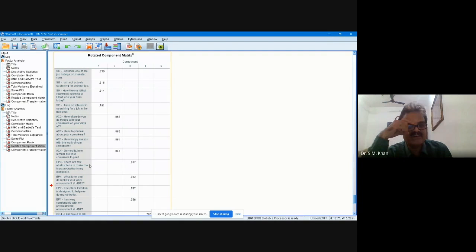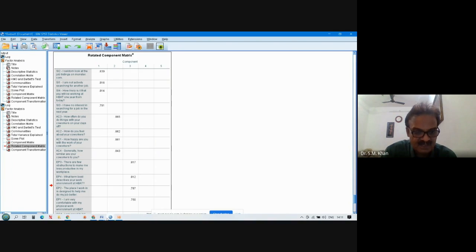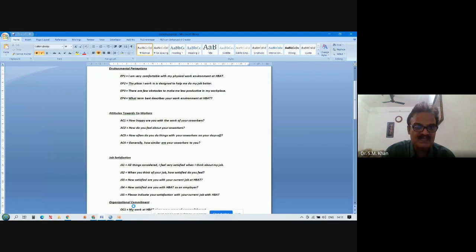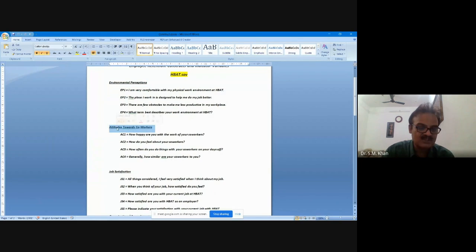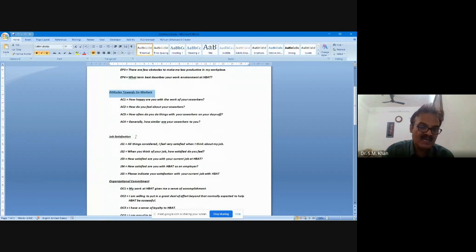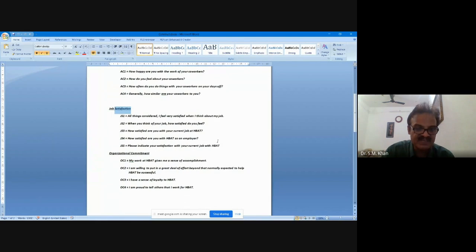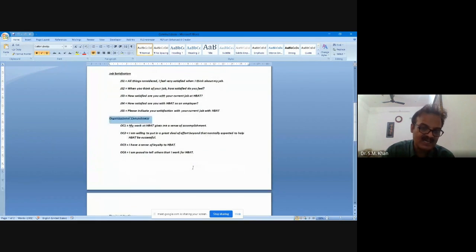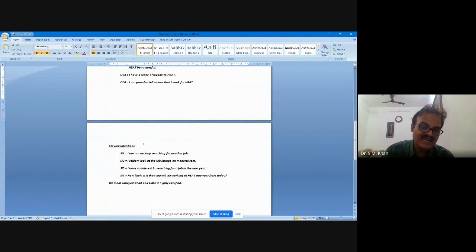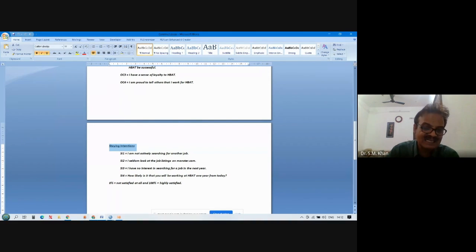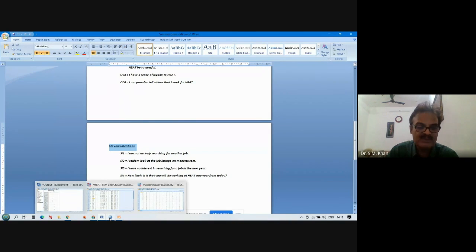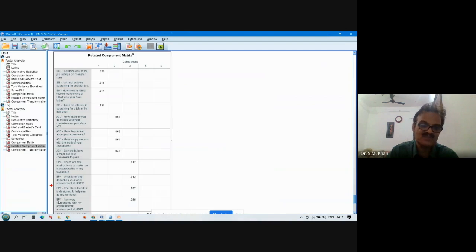On the basis of these 5 factors, you can make an inference if your employee is clear about environmental perception, if he has good attitude towards coworker, if he has job satisfaction, if he has high organizational commitment, if he has staying intention, then definitely he will stay with the organization and you will be able to retain the employees on the basis of this scale.